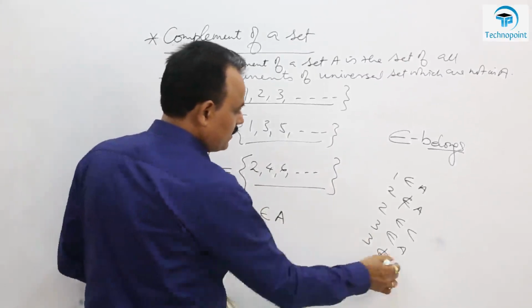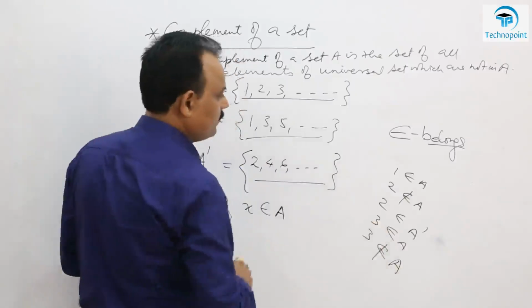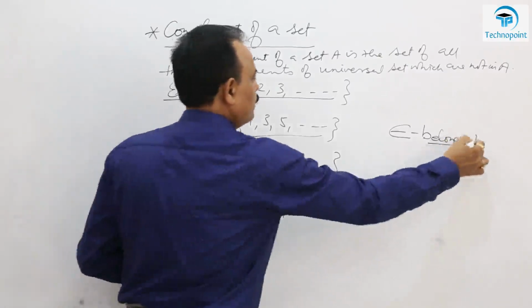Sorry, here A dash: 2 does not belong to A, 2 belongs to A dash. So this notation is for belongs to.